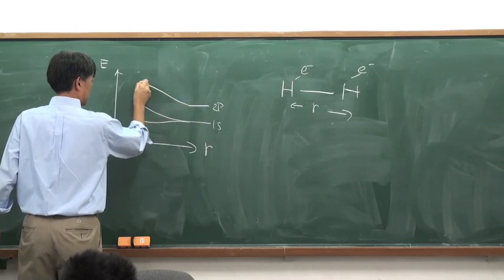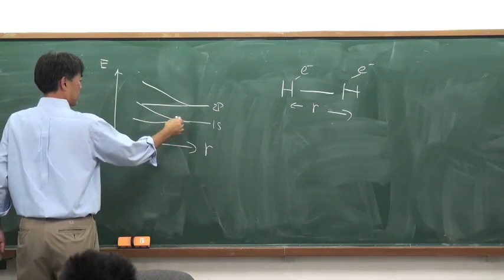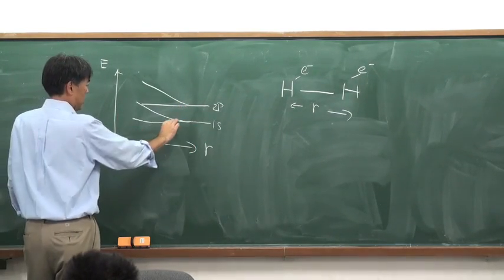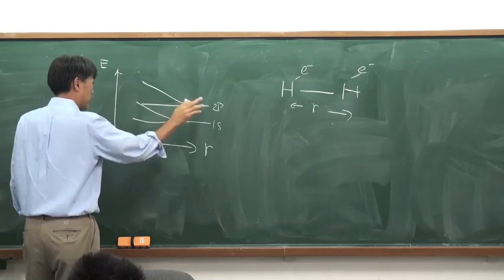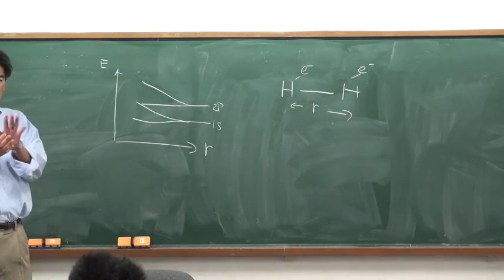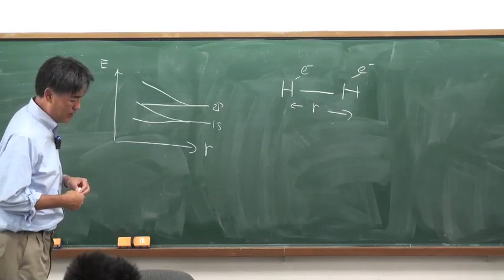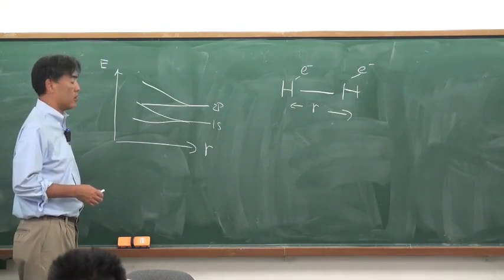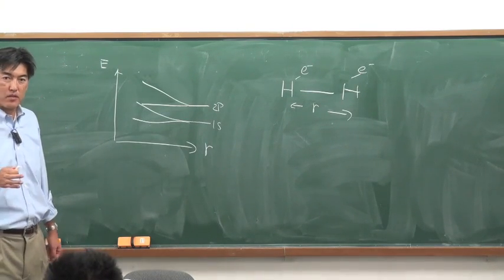Okay? So basically, as these hydrogen atoms get closer, electrons start to see each other, so the energy levels of the 2 electrons are repelled from each other, and then they get dispersed. This is the case for 2 hydrogens, but what happens if you have many hydrogens?